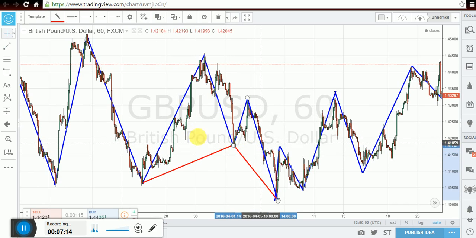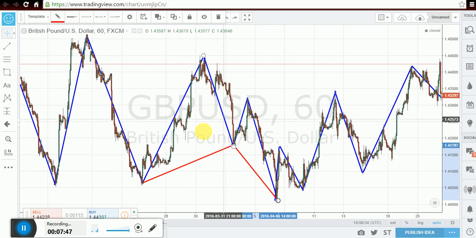Now it doesn't mean that this pattern is valid until we use our Fibonacci ratios and all the rules for every single point of this pattern have been met. This just looks like a Gartley pattern, even though we can clearly see that we've exceeded our X leg. So this is going to be a losing pattern. If it was a valid pattern, it would end up being a losing trade. But this is what I'm interested in.